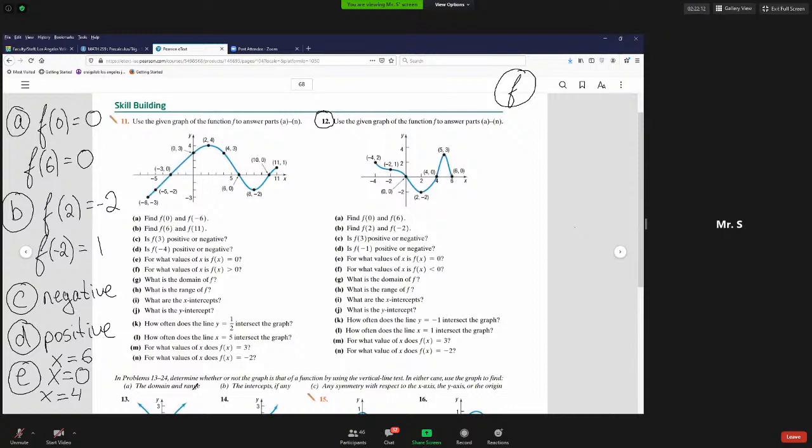This piece is where my function values are negative, so we have to describe that interval, and that interval is between 0 and 4. Now, do we include 0 and 4? No, we do not, because this says strictly less than. If it says strictly less than, then we do not include the actual boundary points. So 0, 4, like that.